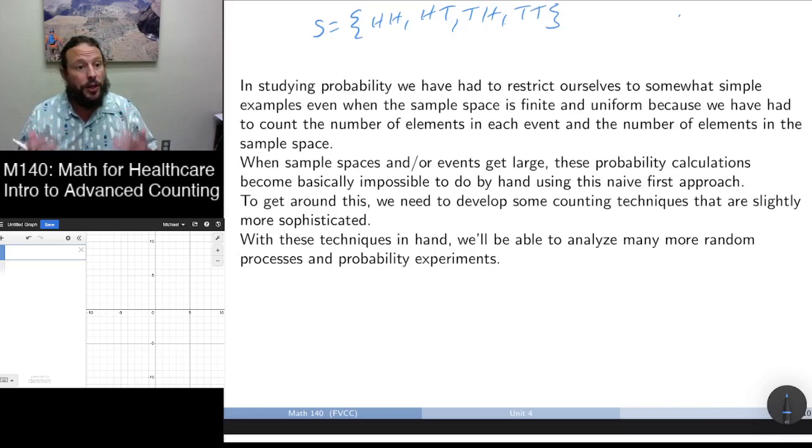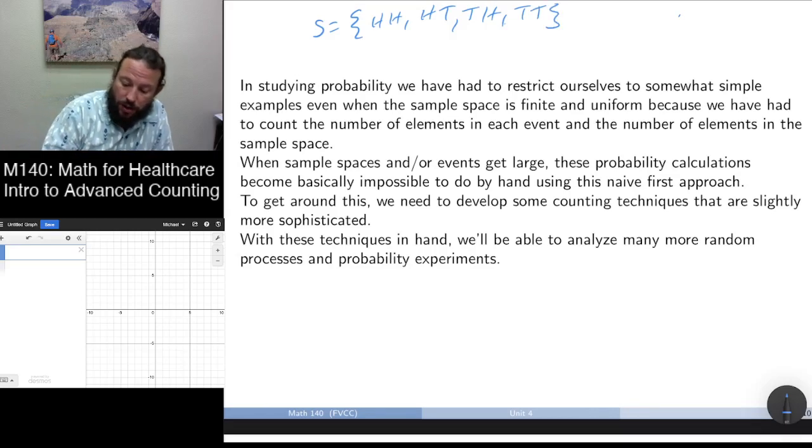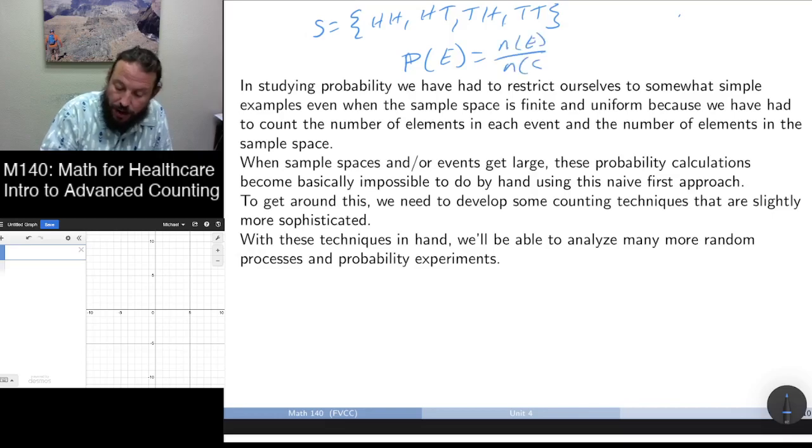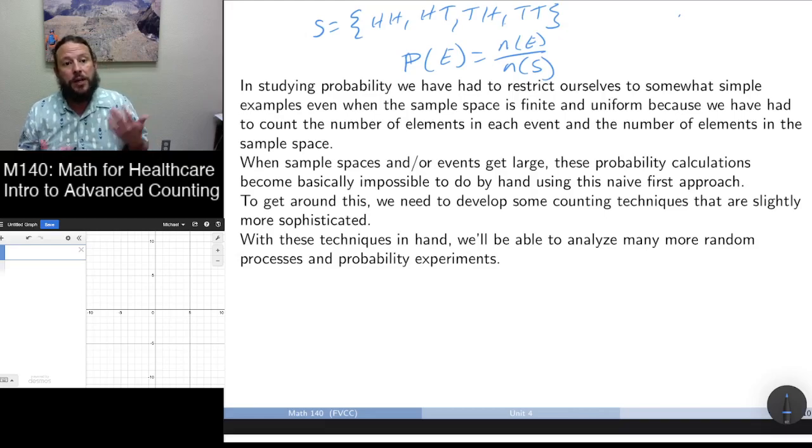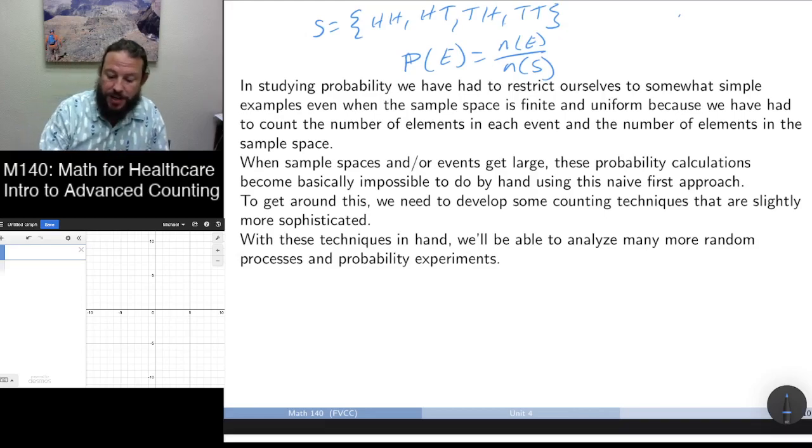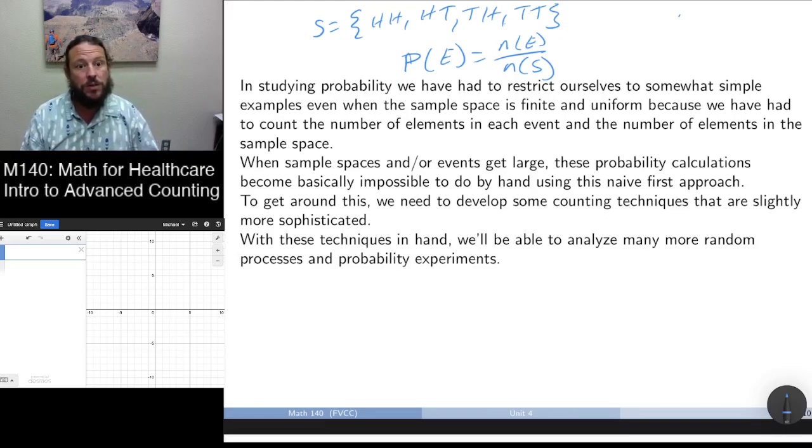Because those are equally likely outcomes, and when we have that and it's finite, we know that the probability of an event E is equal to the size of that event over the size of the sample space. So now we need ways to count the size of these events or sets, both the sample space and the event, in more complicated cases than we've seen so far.